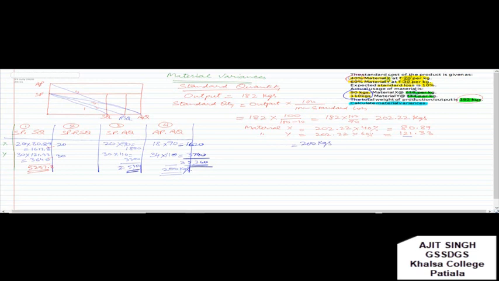Its 40% would be material X, that is 200 kgs into 40%, it is 80, and for material Y it would be 200 kgs into 60%. It is given here 60%.